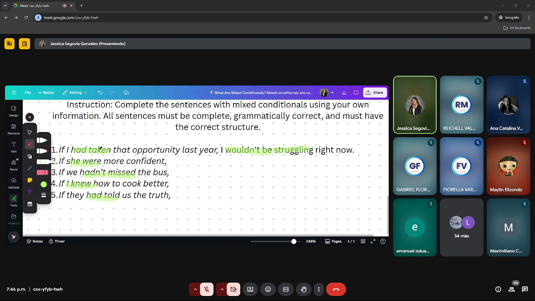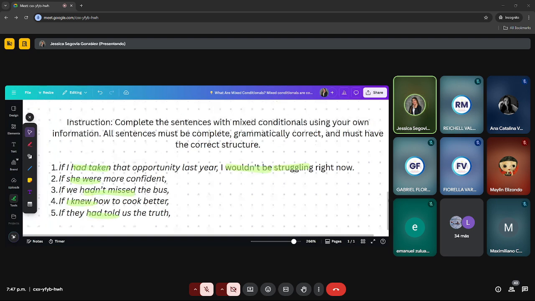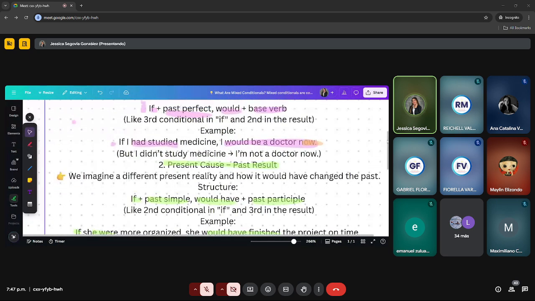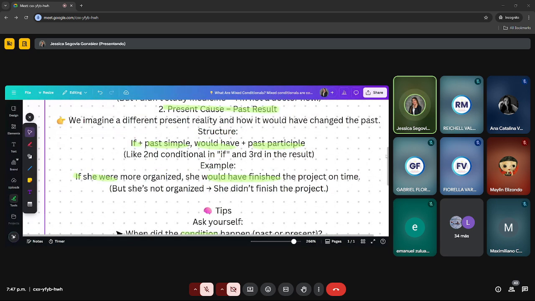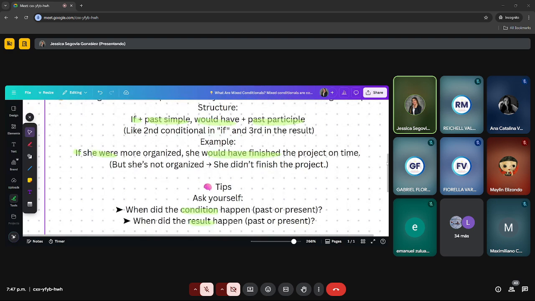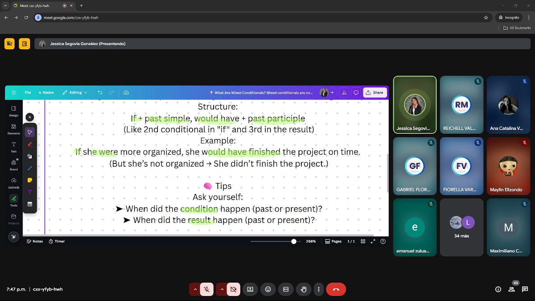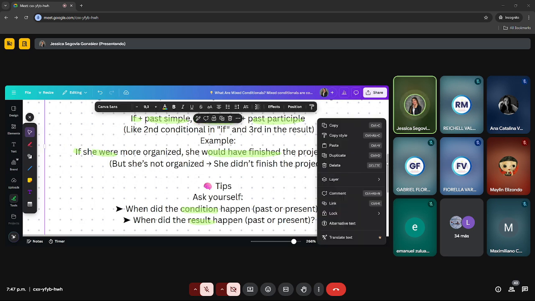Very good. Number two, if she were more confident, remember that the past simple indicates a clear present cause, present situation, past result, and the structure is if plus past simple plus would have plus past participle.